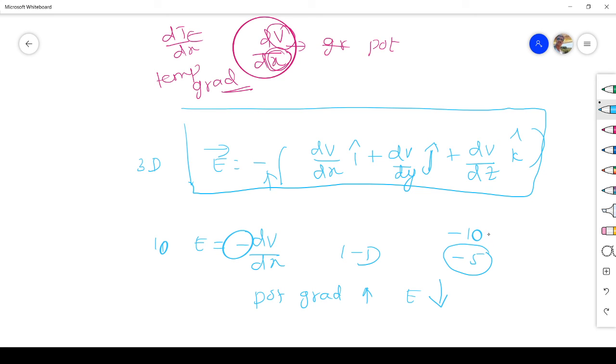Minus 5 is the bigger number. So if the potential gradient is increased, E will be decreased. Minus 10 is small, minus 5 is big compared to minus 10. So when the potential gradient increases, the electric field will be decreasing. This is a very important point.